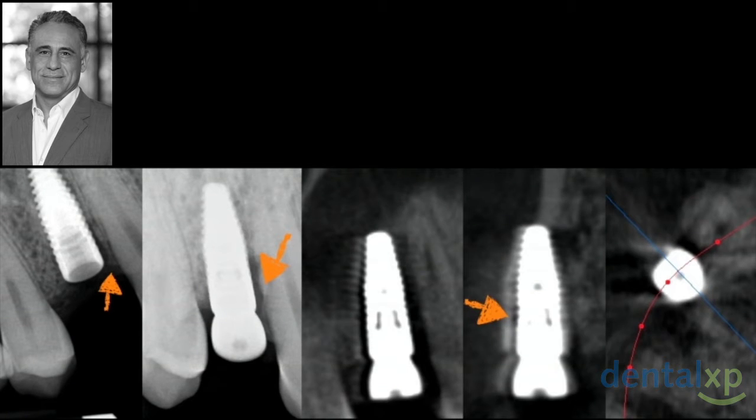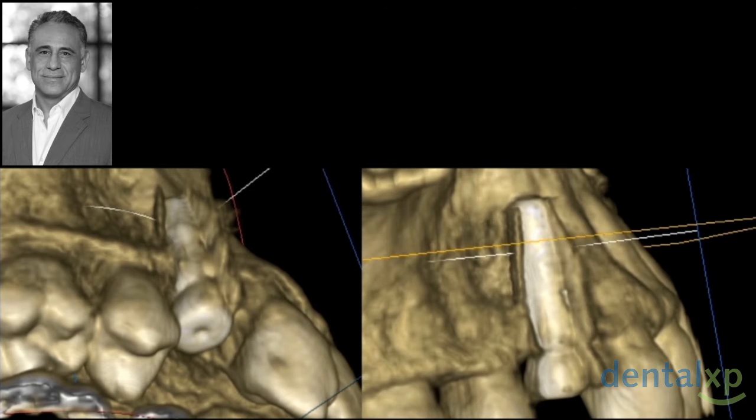Again, we look at the CT scan, we can appreciate the fact that the implant is positioned outside of the envelope of the bony foundation with no buccal bone present, and also placed close to the root. And of course, the protocol that was followed for placement of the implant may have been compromised, ultimately resulting in the loss of attachment and a poor outcome.